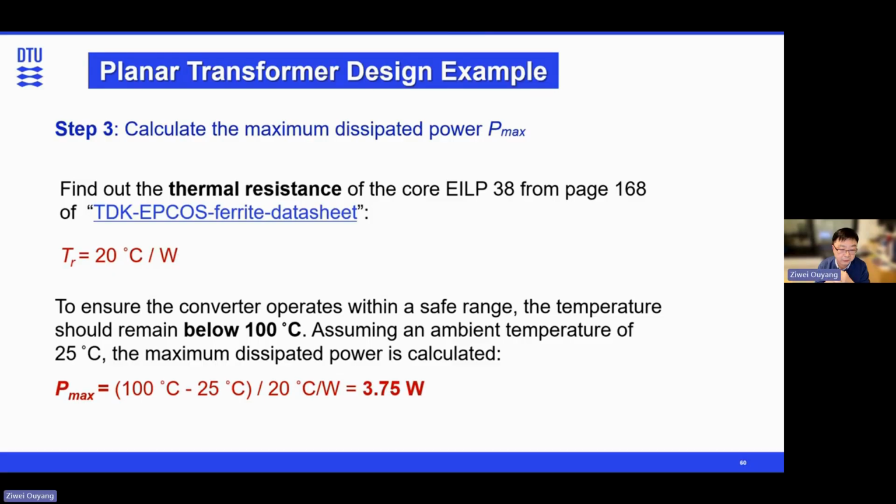Assuming the ambient temperature is 25 degrees, the maximum dissipated power is calculated from 100 degrees minus 25, so the temperature rise is 75 degrees. With a thermal resistance of 20 degrees per watt, we get a maximum power dissipation of 3.75 watts. This is our maximum. If our loss is more than that, we need to change to another core. So this is our methodology.